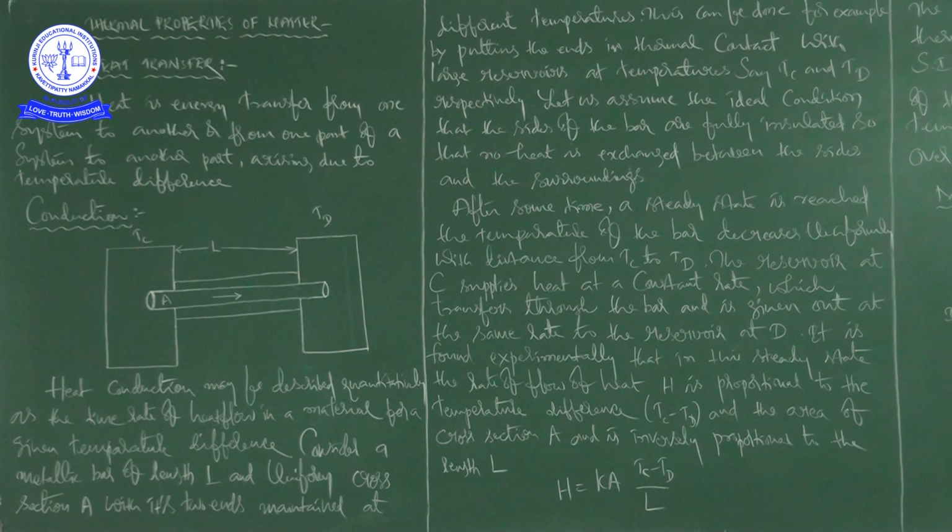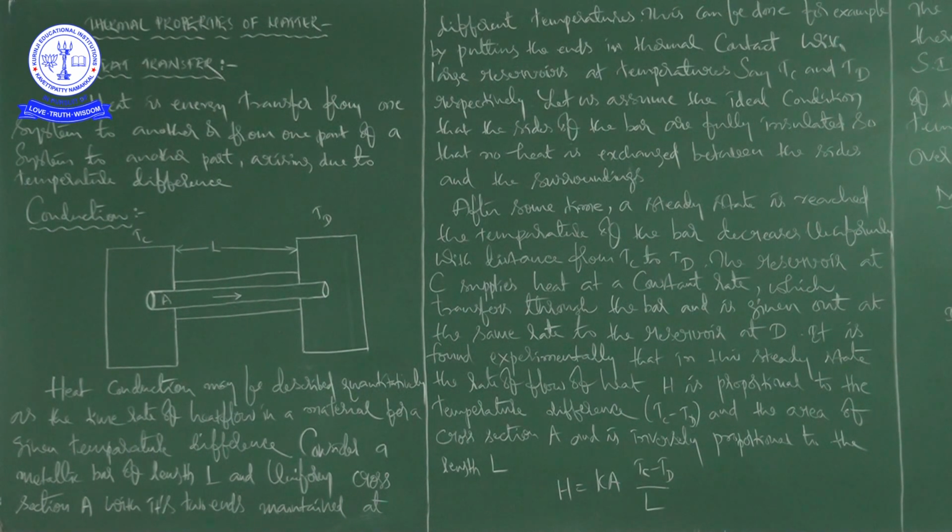The constant of proportionality K is called the thermal conductivity of the material.